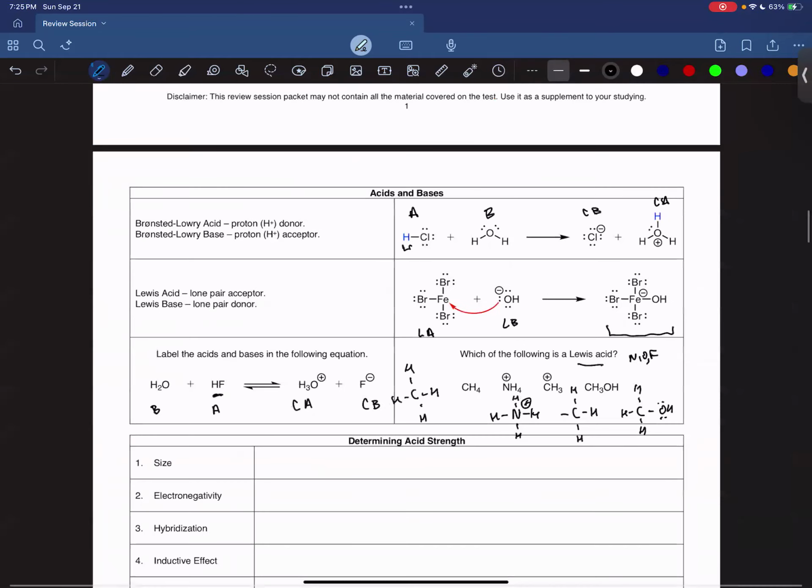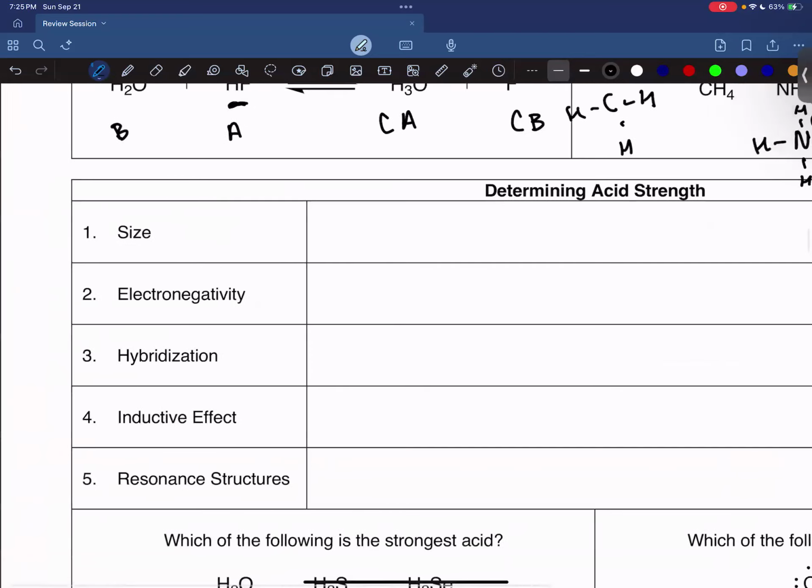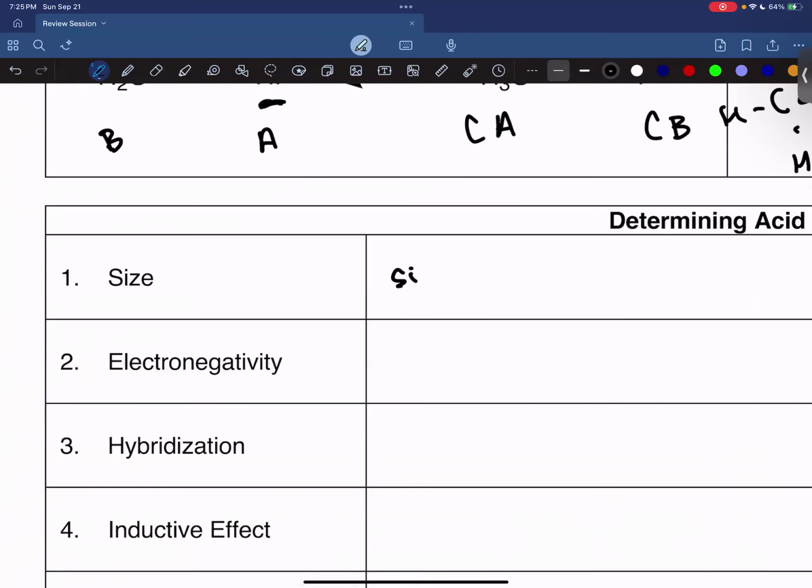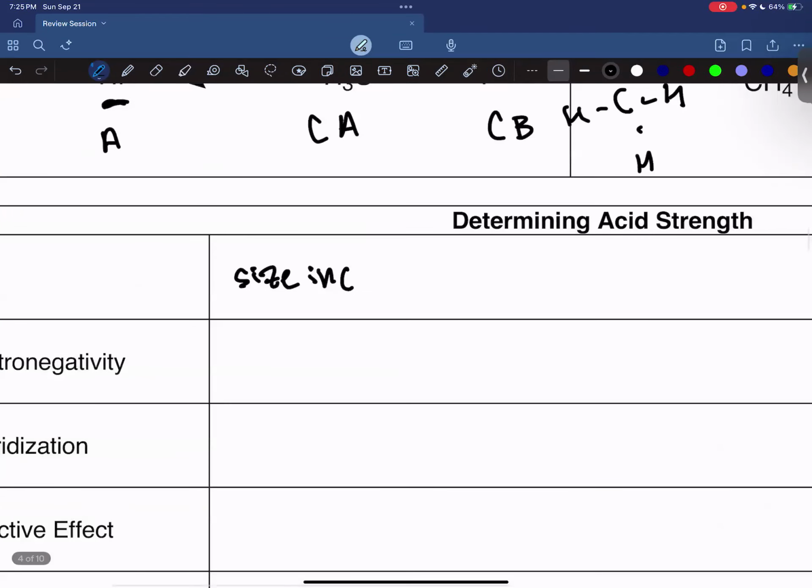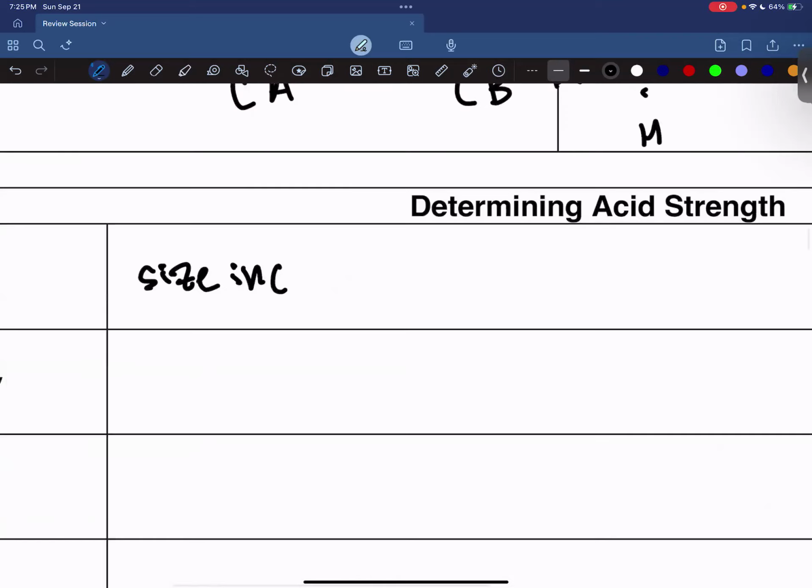Okay, looks good. So, determining acid strength. This is the list we're going to be determining them by. First you're going to go by size, electronegativity, et cetera. Size increases as you go down the periodic table, and as size increases, the acidity also increases.